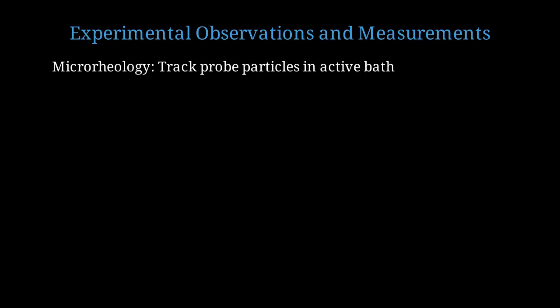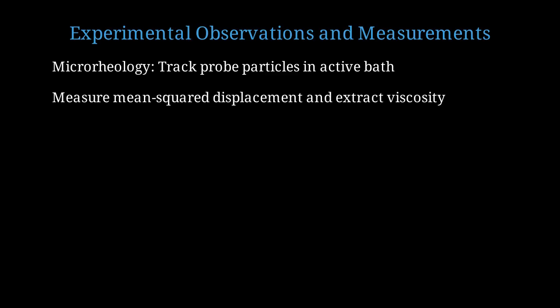This isn't just theory. Experimentalists have actually measured this phenomenon in real systems. The technique is called microrheology. Researchers track the motion of small probe particles embedded in a bath of active swimmers. They measure the mean square displacement of the probes and extract an effective viscosity from how the probes diffuse and respond to applied forces.